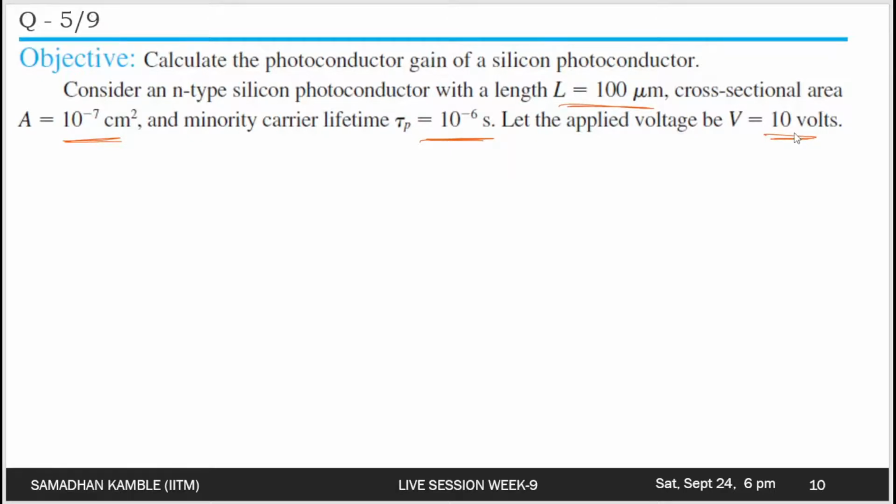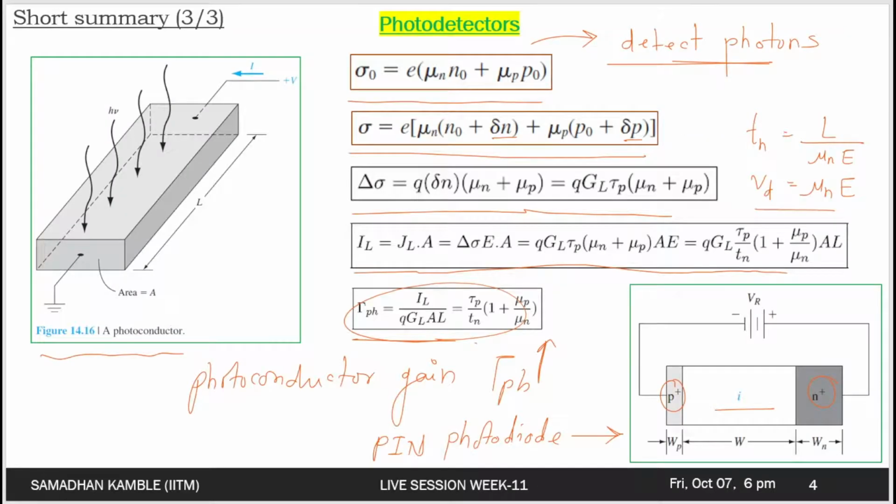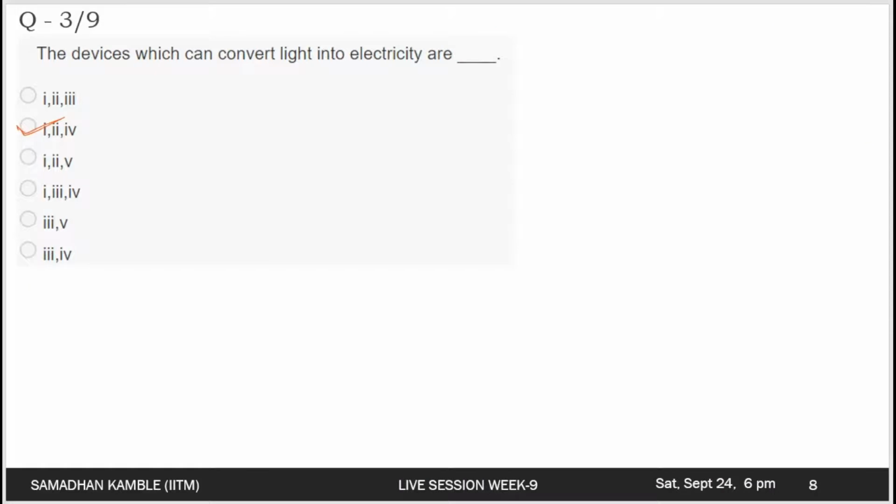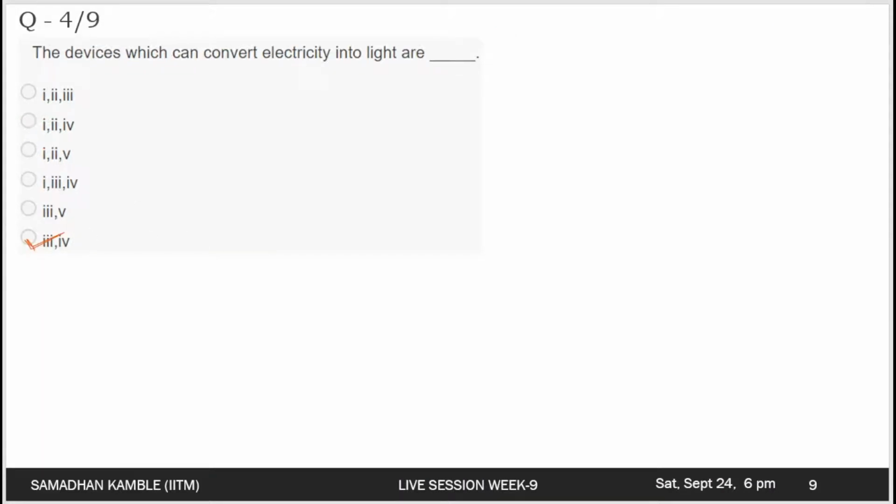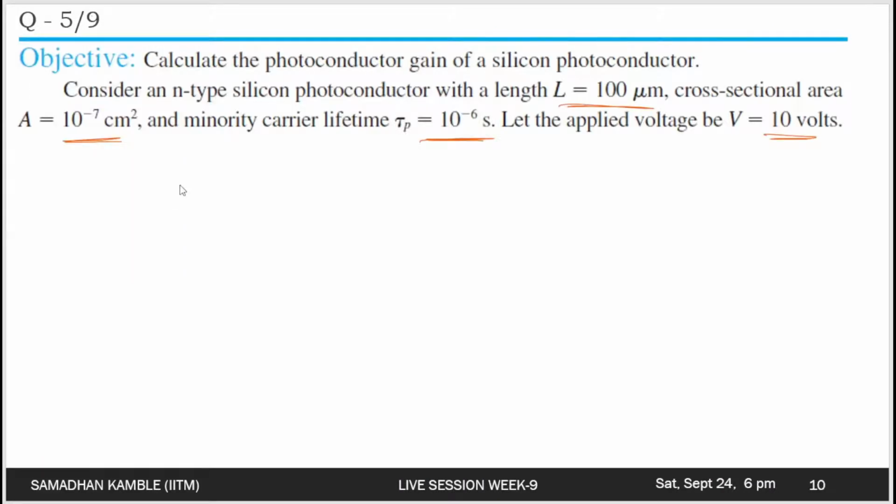Based on the formula, if you go to slide number 3 for the summary, the photoconductor gain is given by this particular relation. If you know these parameters, we can find it easily. So first of all, we need to find the electron transit time, which is one of the parameters in the formula.